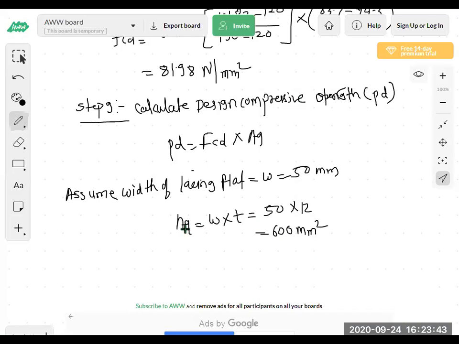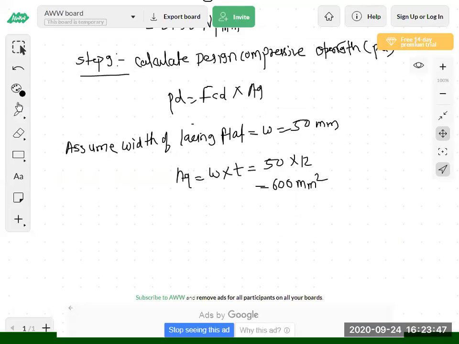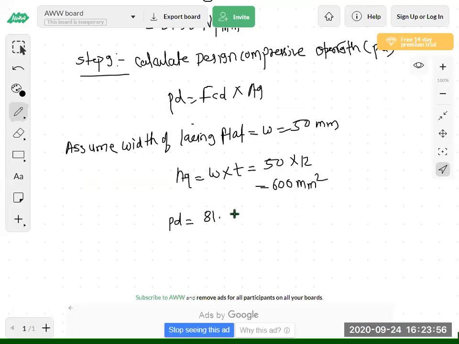Okay, so now calculate PD here. PD is equal to fcd into 98.. into 600. How much? 49,188.